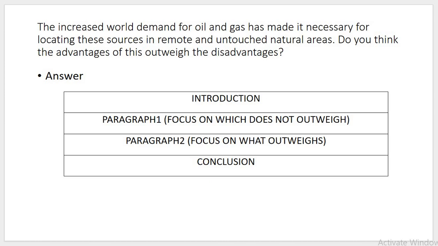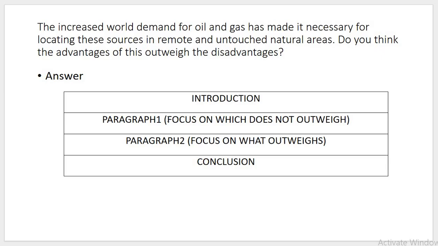But here they have asked you to provide your opinion as well. So in this case, in the main body paragraphs, in the first paragraph you should focus on the opinion which does not outweigh.